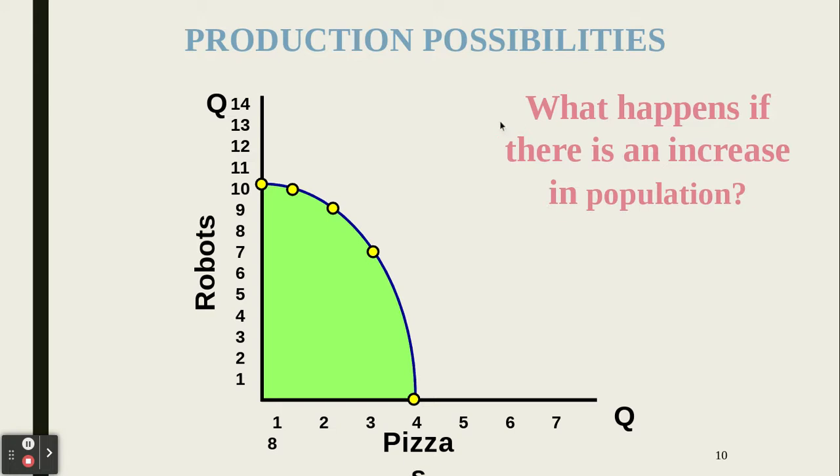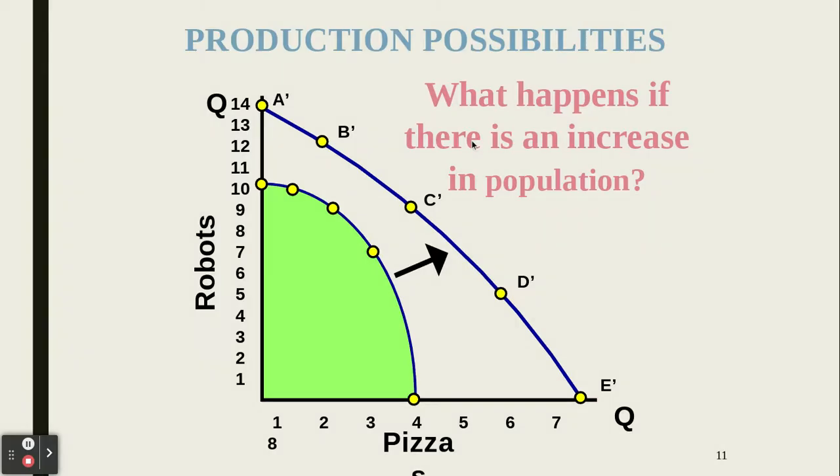So here's our first one. Don't worry about the numbers, don't worry about the products. Just think about if there's an increase in population. What should happen to this graph? If there's an increase in population, what is the new maximum efficiency that we could see from our curve? If there's more people, there should be more workers.